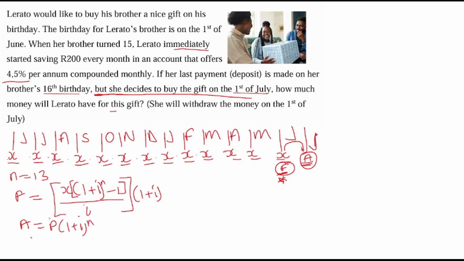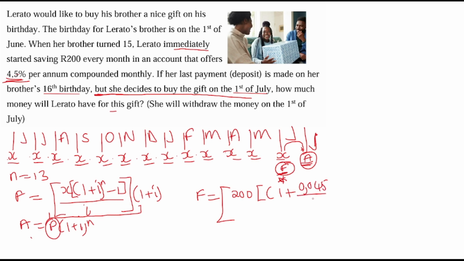And then this whole bracket is our P. Let's just substitute what we have. So it's going to be future value is equal to 200, the installment, times 1 plus our interest rate 0.045, that is 4.5% as a decimal.